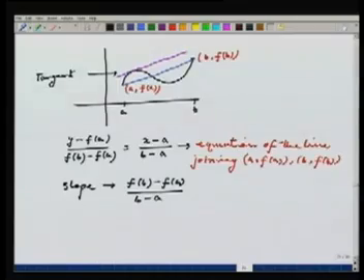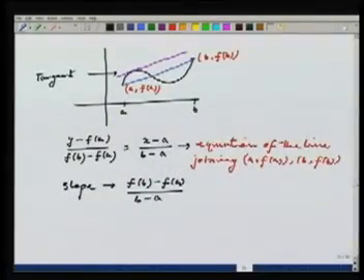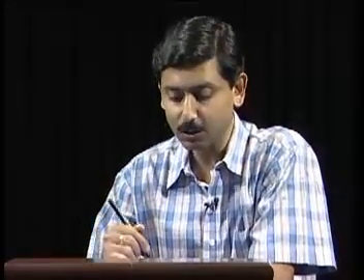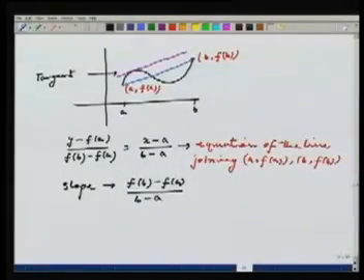I want to say that there exists a point where the tangent is parallel to the line joining (A, f(A)) and (B, f(B)). That would mean that the tangent has the same slope as the line. That means there should be a point where f prime of that point is the same as the slope of the line. So, the precise statement of the mean value theorem goes as follows.